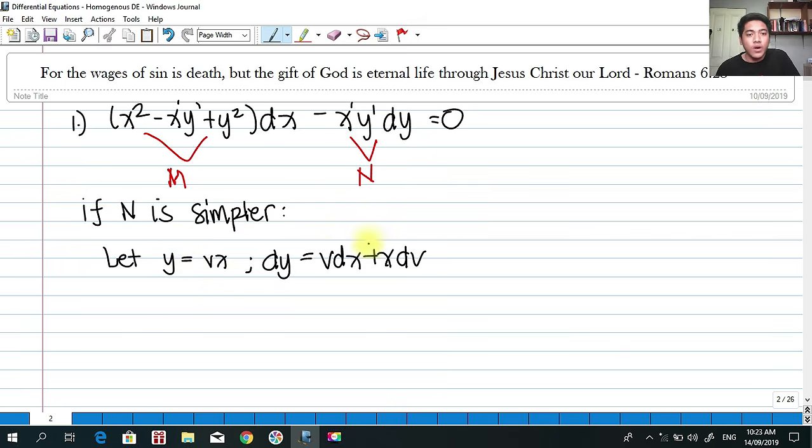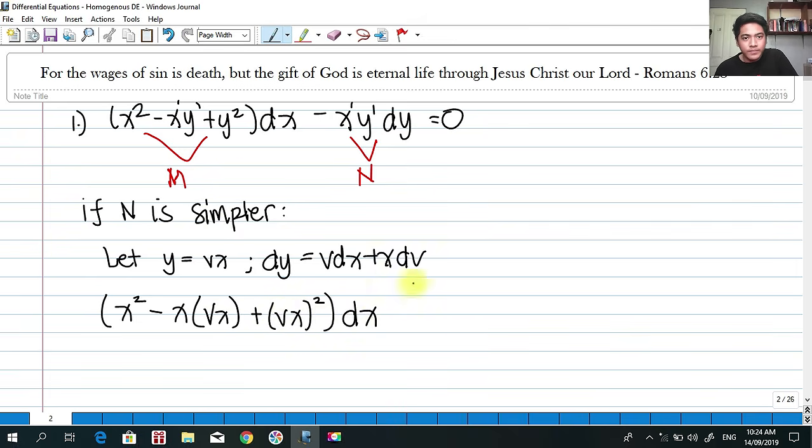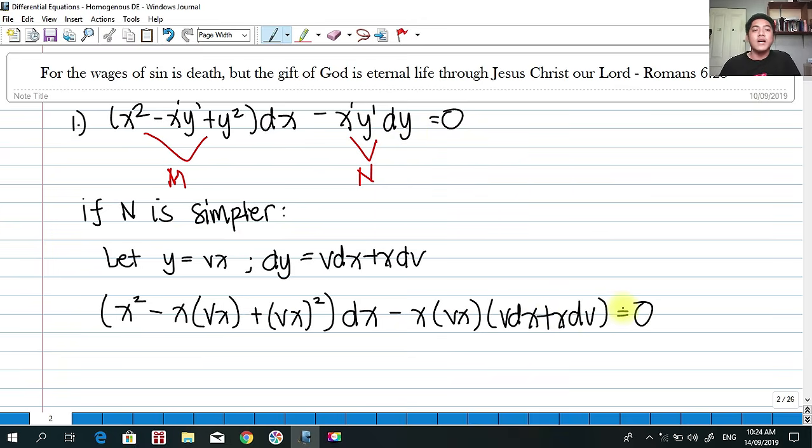So we have x squared minus x times y, which is vx, plus y squared, which is (vx) squared, then dx, minus x times y, which is vx, then dy, which is v dx plus x dv.